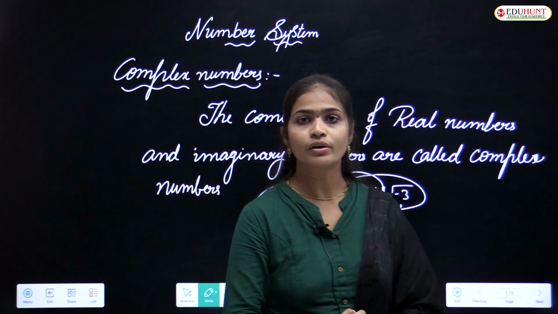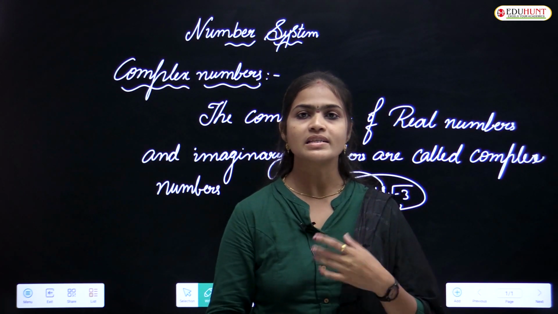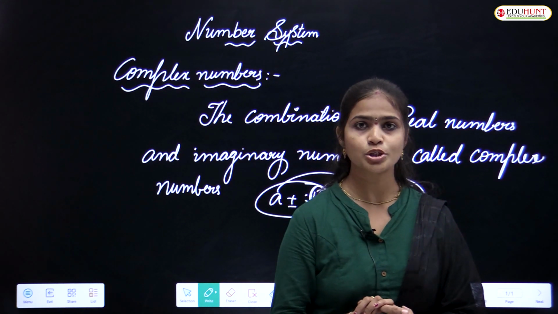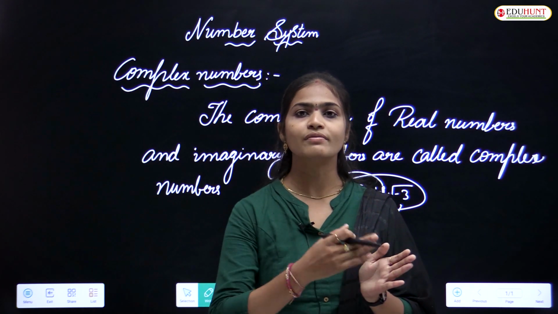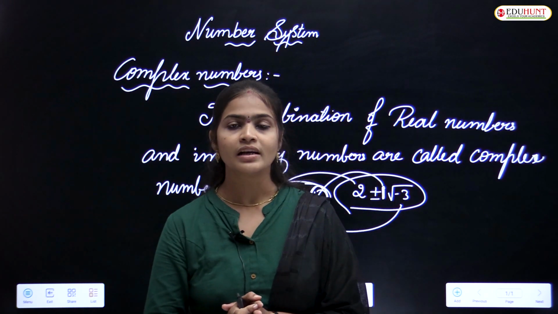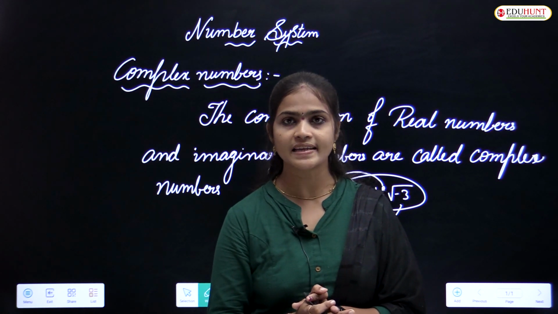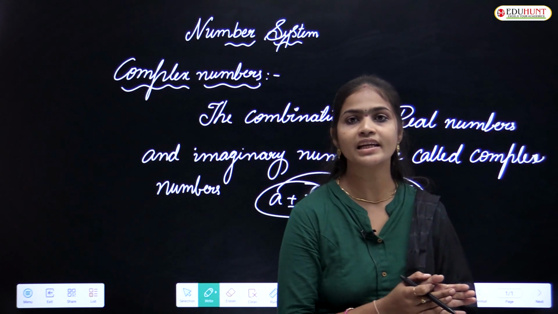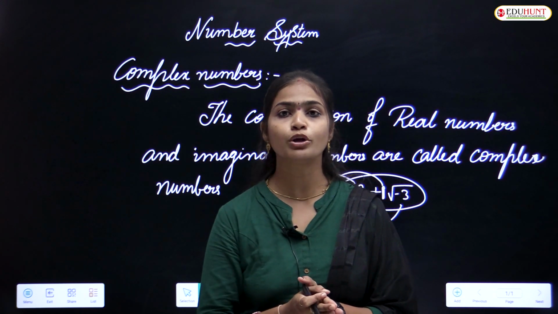So up to here what we discussed, these all are the types of numbers. Once again I am recalling the types of numbers. The first type is natural numbers, represented by N. Next, whole numbers, represented by W. Next, integers, represented by I or Z. Next, rational numbers represented by Q. Next, irrational numbers represented by Q dash.